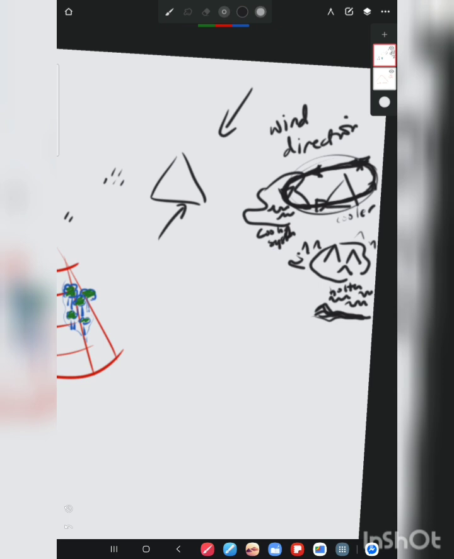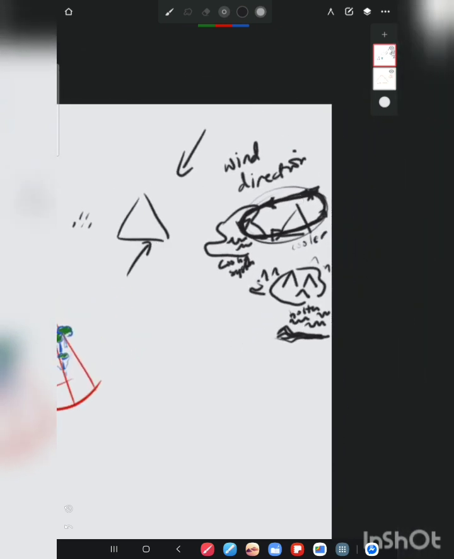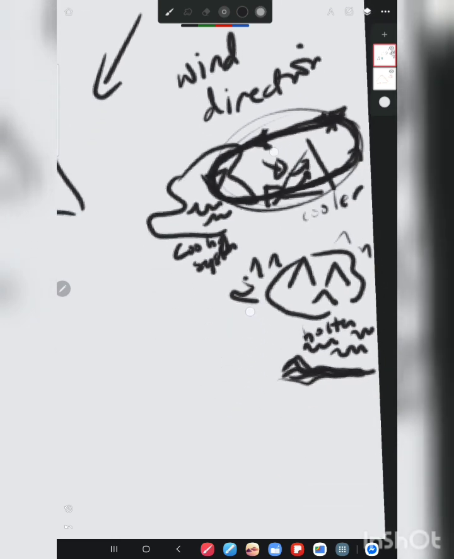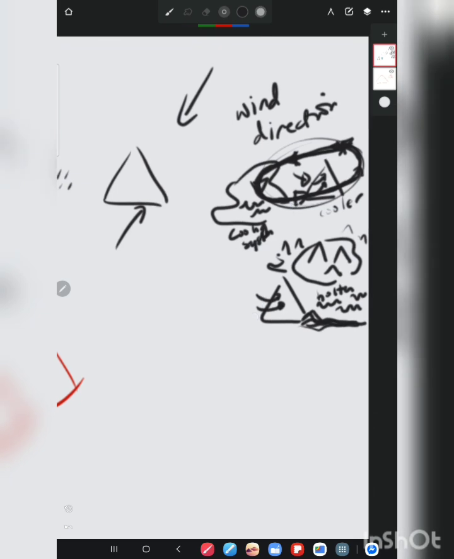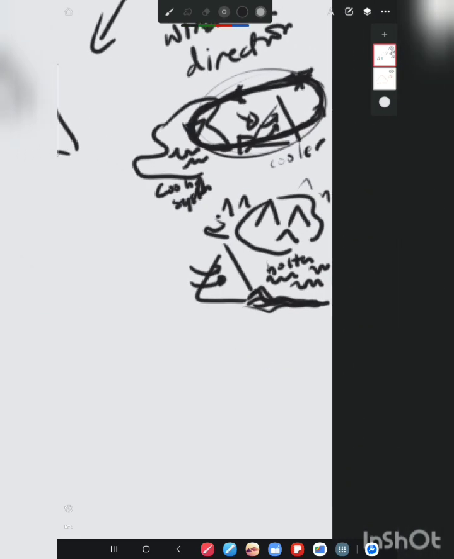Because if it's a locally produced rain, not a typhoon coming from outside, the chances are the direction is going in this direction. We can sort of assume that some of that air is basically coming from this side of the map, which means it's going to have a very interesting effect on the shape of that mountain.